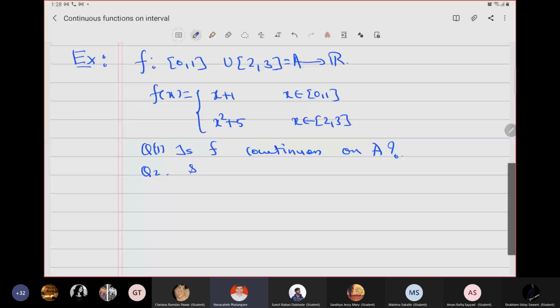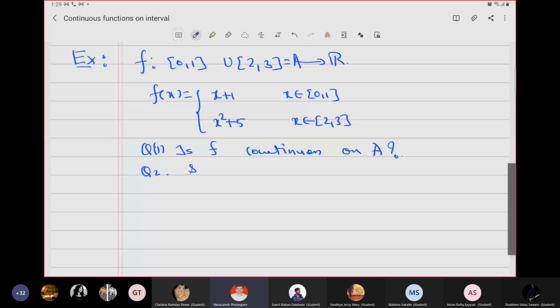On 0, 1 it is x plus 1, it is continuous. On 2 to 3 it is continuous, and therefore on the union it is continuous. By which theorem or lemma which we discussed before? Pasting lemma, right? On each separate part it is continuous, and there is no intersection, so no problem with intersection. The intersection is empty, so f is continuous.